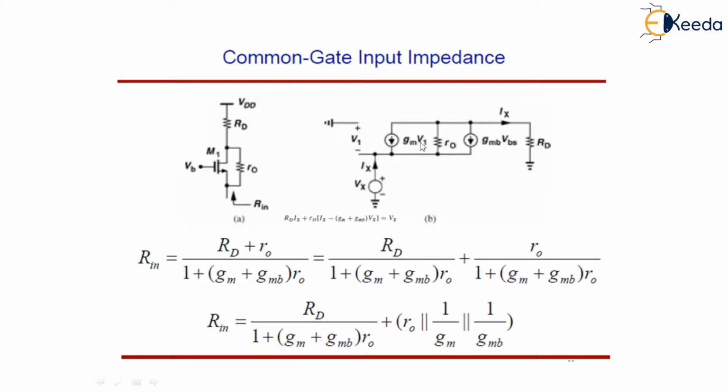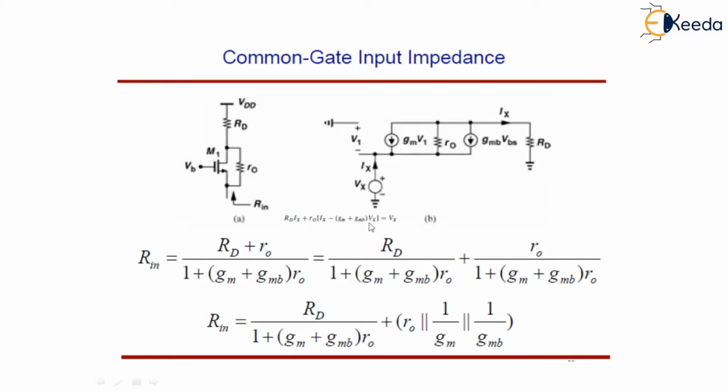It can also be written that V1 and VBS, the voltages across these branches, will be equal to Vx, since all the branches are parallel.